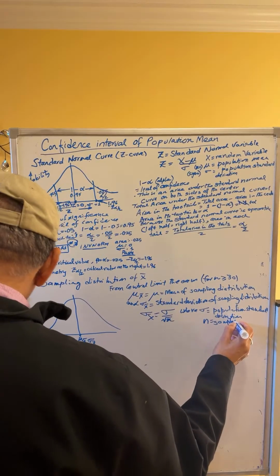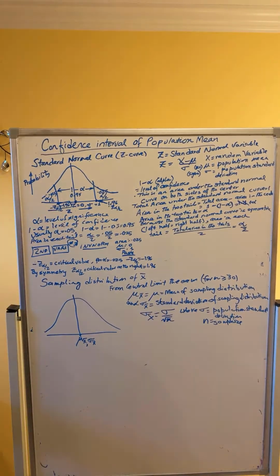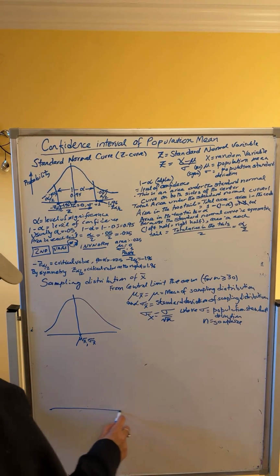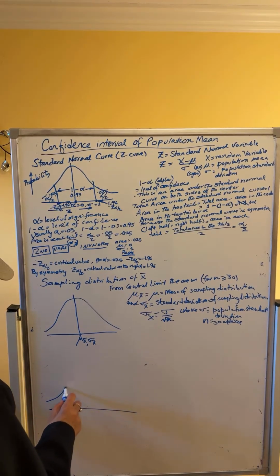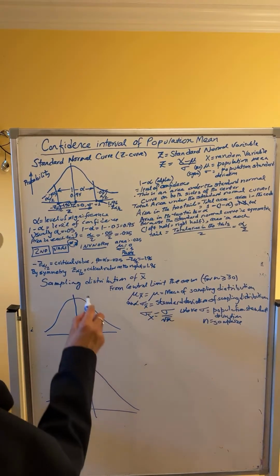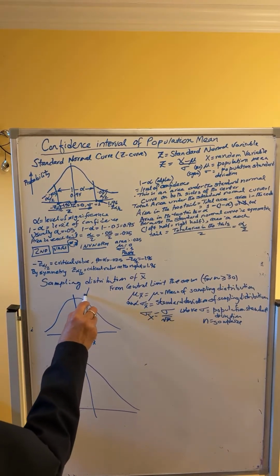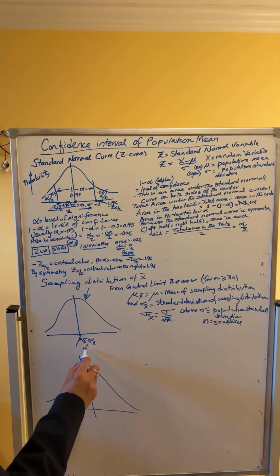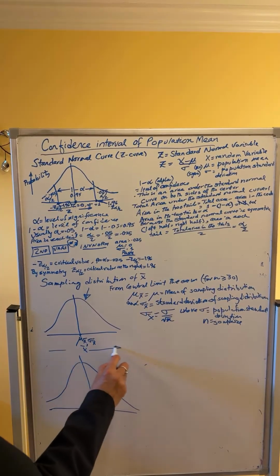So if you were to convert this into a Z curve, the center will be 0. It is the same information on a Z curve. This is the sampling distribution of x bar, with x bar values on the horizontal axis.